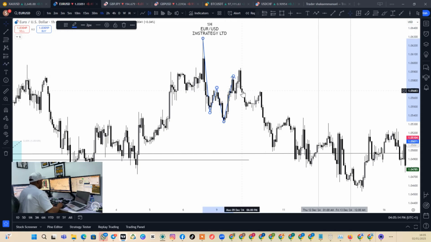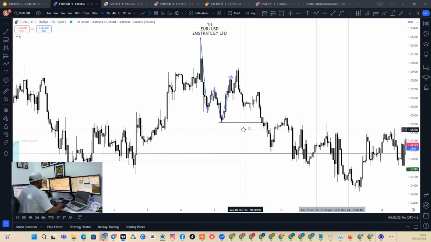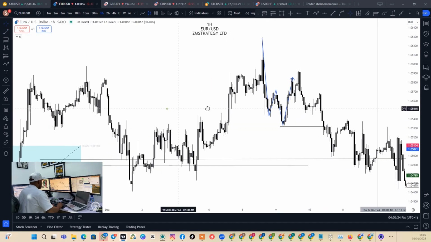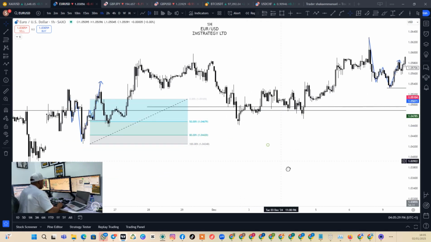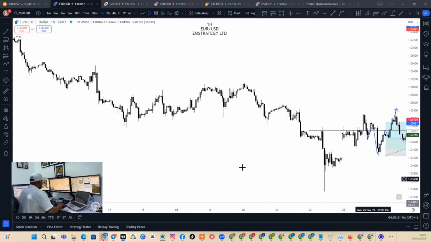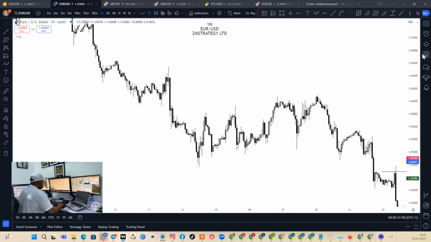So when the market was coming down, it came aggressively and cleared this one. But let me show you an example where the market cleared the low and bought, which is an inducement liquidity. Let me look for an example for that.